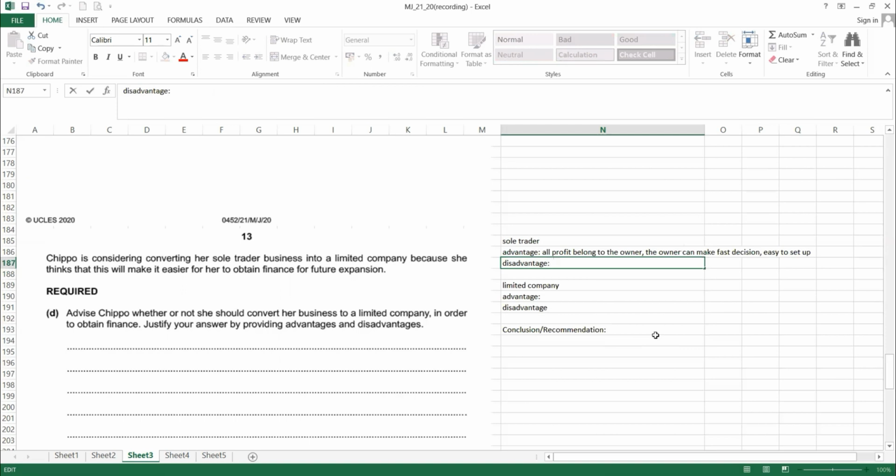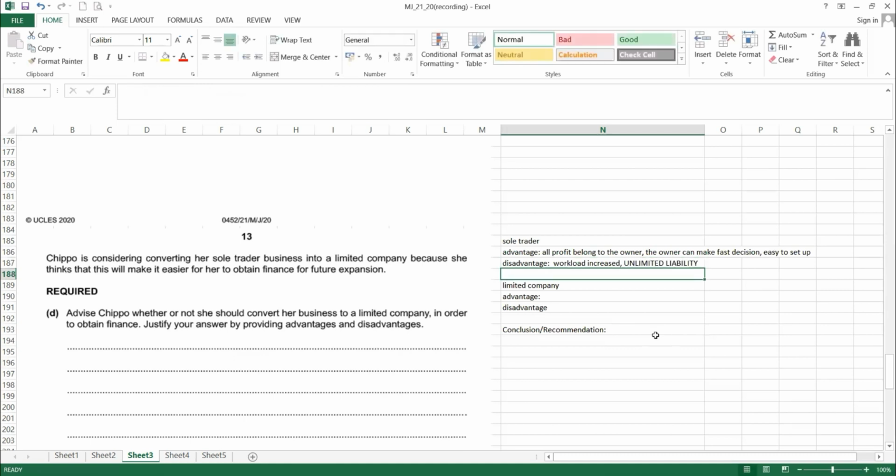The disadvantage of the sole trader is that workload increases, because everything you need to do yourself and decide by yourself. And also the key disadvantage for the sole trader, the most important, is unlimited liability.